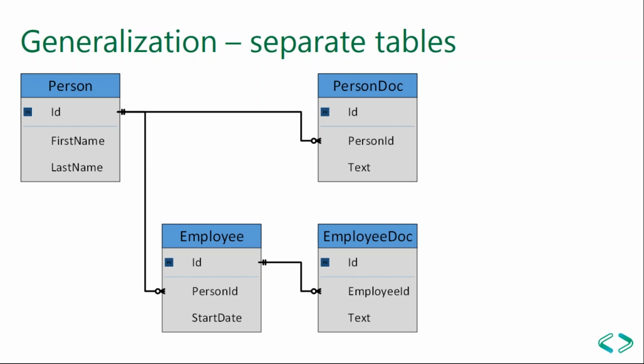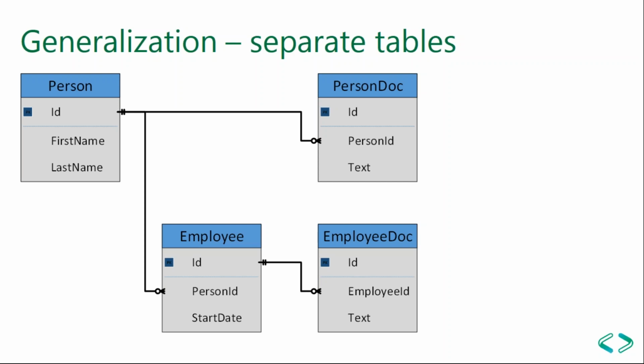In this case, person has his own table for documents, and employee has his own table for documents that belong to the employee for this kind of activities. Is that good?